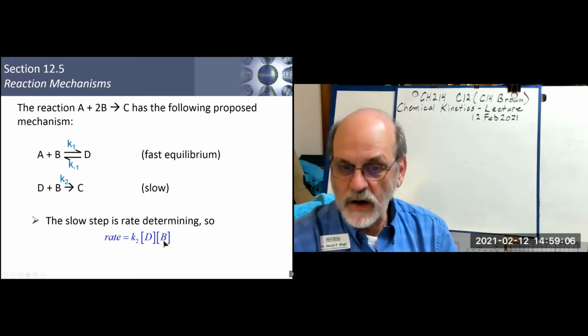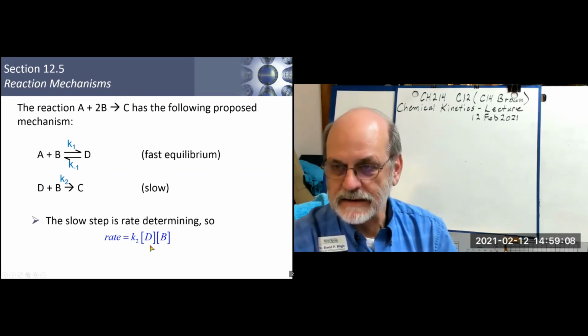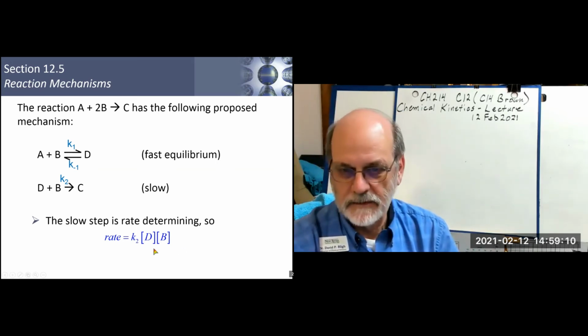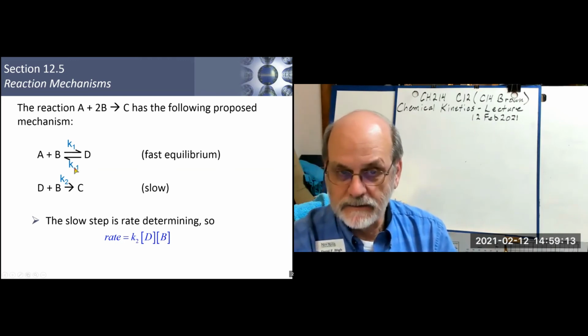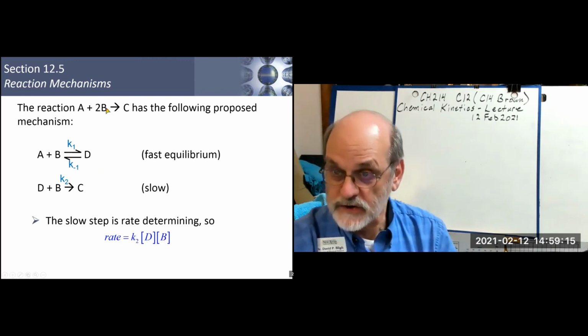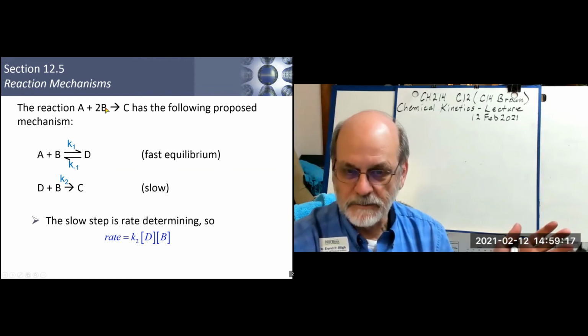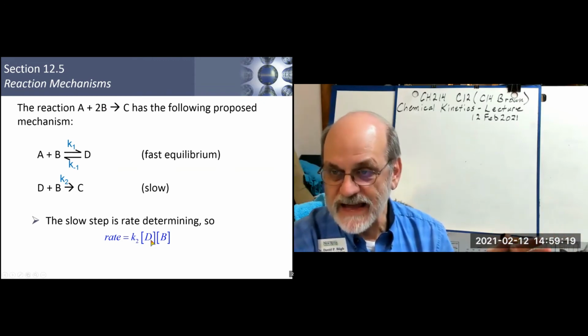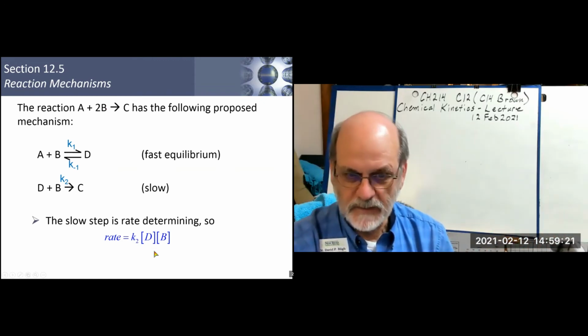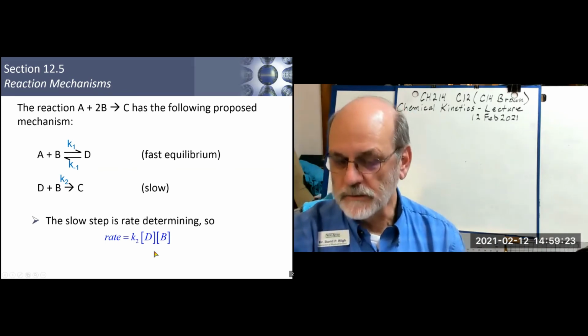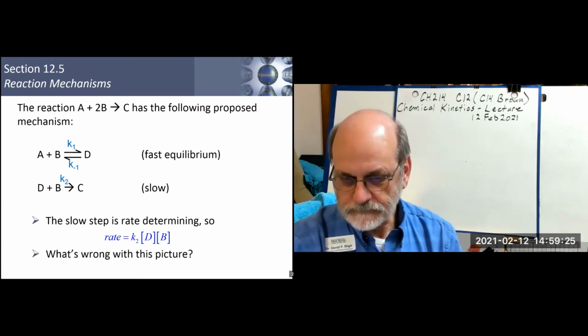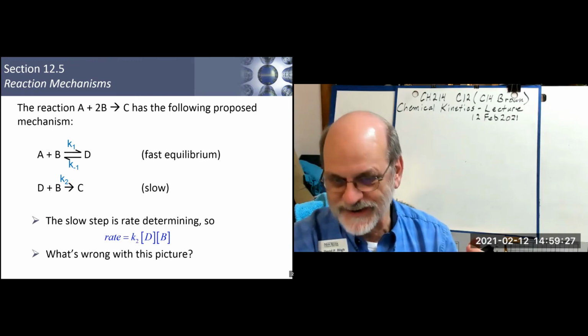Okay, but notice that our rate expression has D in it. We can't have that. We have B there, that's fine, because B is in the original overall reaction. This needs to be in terms of A and B. Okay, so what do we do? What's wrong with this picture?